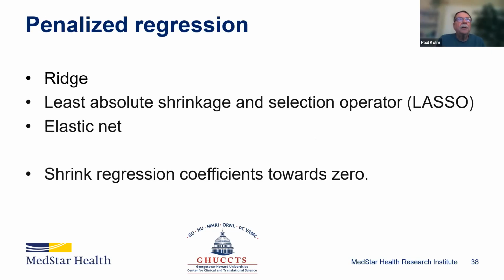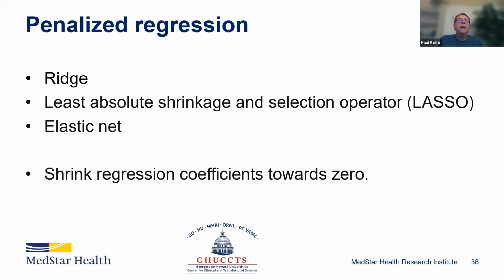Let me talk about penalized regression just for a little bit, because I've already talked about this in other presentations. In penalized regression, we have either ridge regression, the least absolute shrinkage and selection operator, or the lasso, and then the elastic net, which is a combination of ridge and lasso.